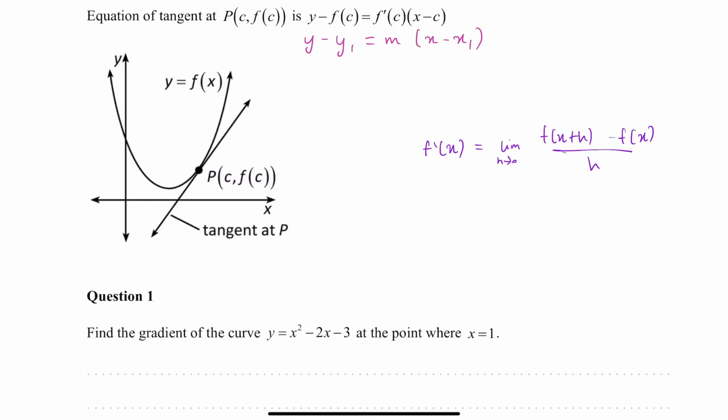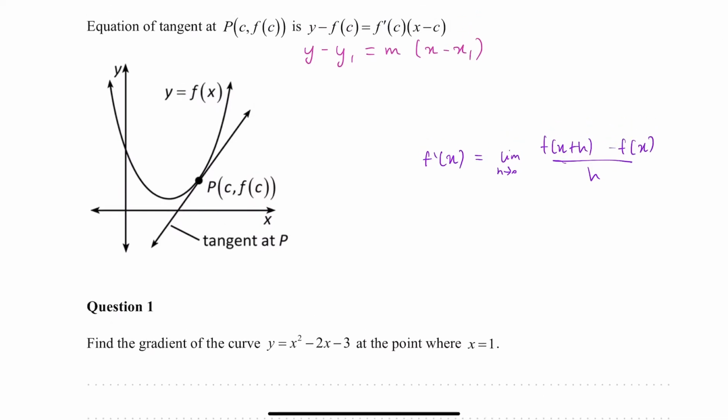So hopefully this you've seen before. This is just basically finding the equation of a straight line, right? So the equation of a tangent is also a straight line, so we're just going to use our straight line formula. The only thing with this notation is they just wrote it in function notation. Okay, so we're going to try to sort through this.